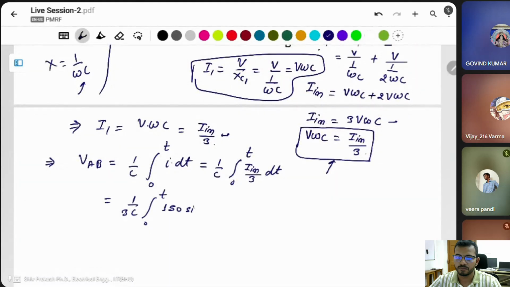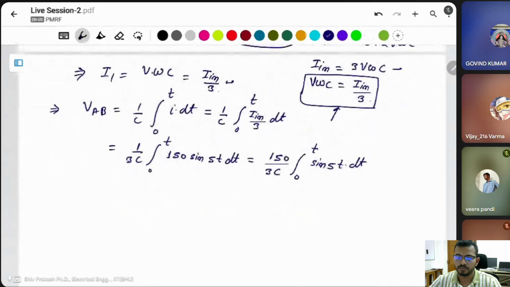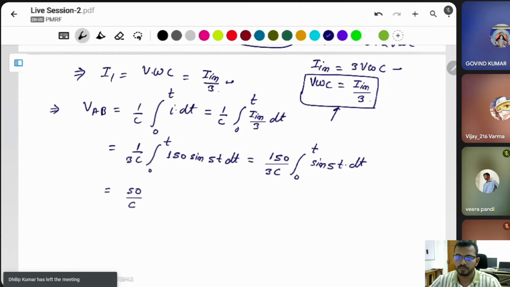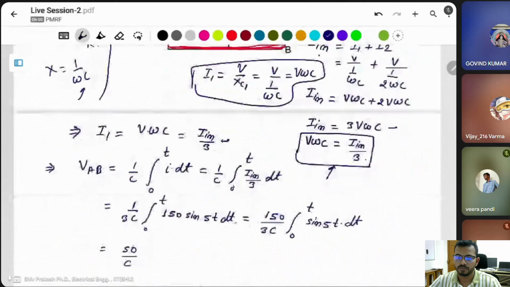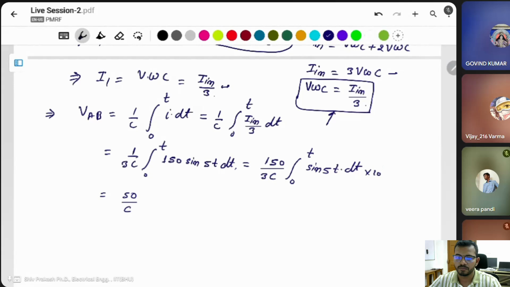150 sine 5t into dt. 150 is constant, you can take it outside of this. 3C, then integration from 0 to t of sine 5t into dt, 50 divided by C. This is given in milliampere, the current is given in milliampere, so you have to multiply by 10 to the power of minus 3 here.